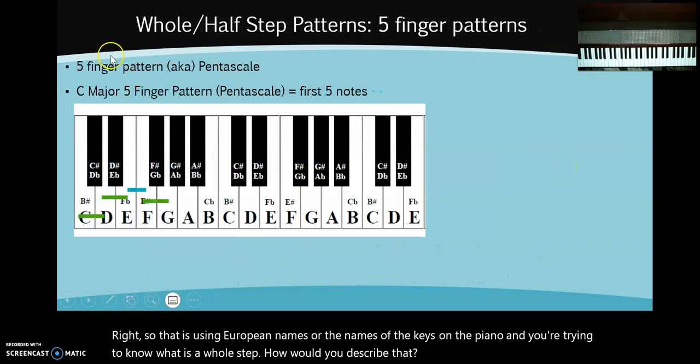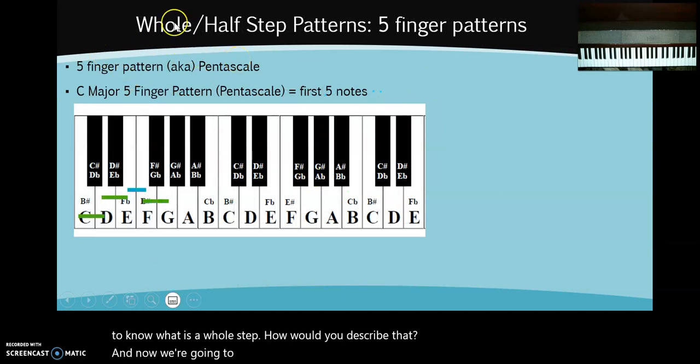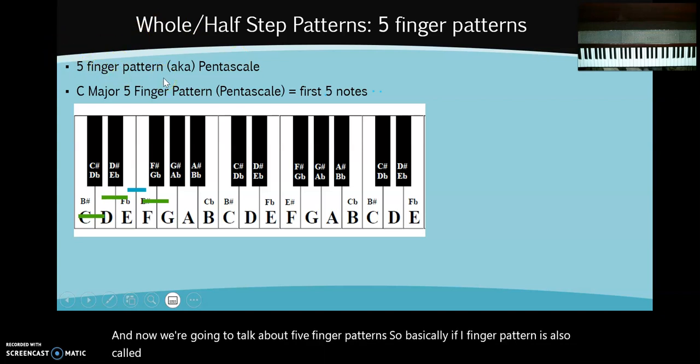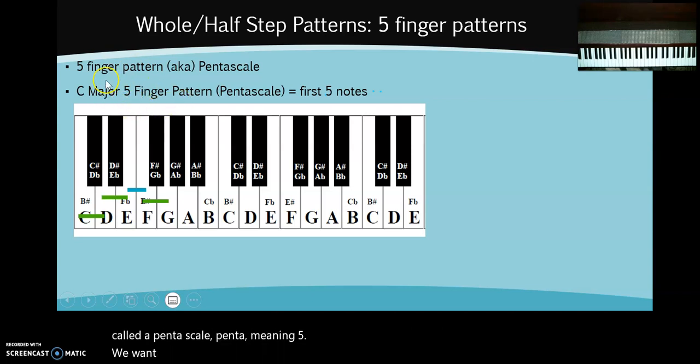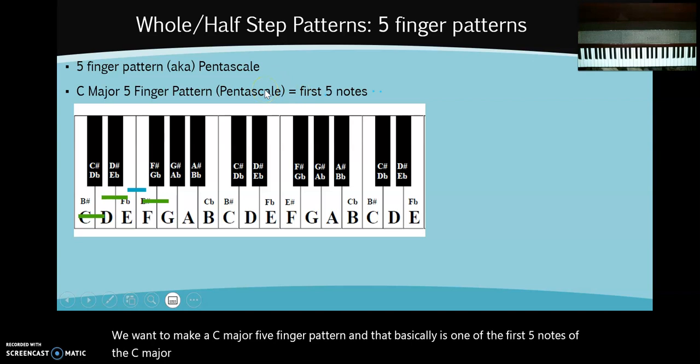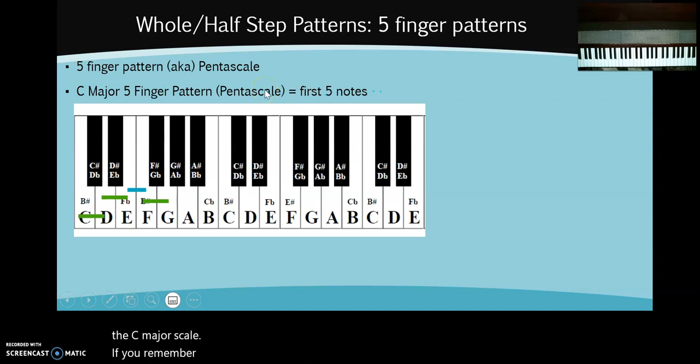And now we're going to talk about 5-finger patterns. So basically a 5-finger pattern is also called a pentascale, penta meaning 5. And we want to make a C major 5-finger pattern. That basically is the first 5 notes of the C major scale. If you remember our last slide, we talked about the musical alphabet being A, B, C, D, E, F, G, and repeating.